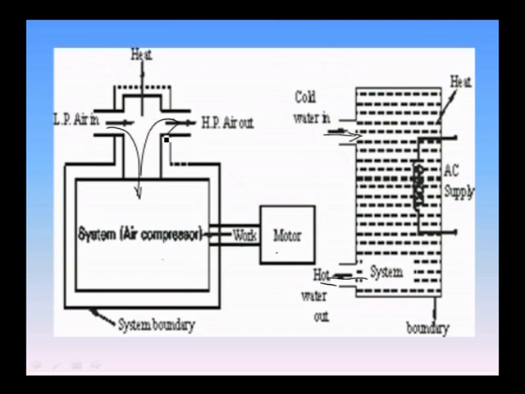The air enters from the surroundings to the system, then goes from the system to the surroundings. Mass transfer is happening, as well as work transfer. So it is a system in which both energy transfer and mass transfer occur. This is what we call an open system.